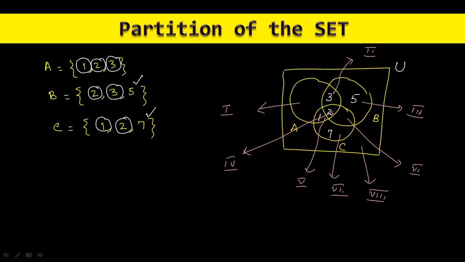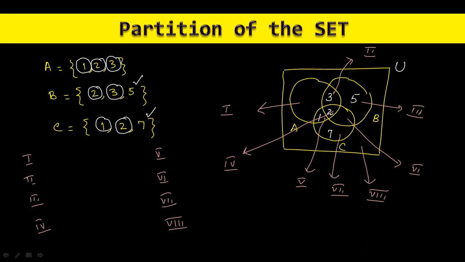Suppose I have to write all the elements. In partition number 1, what are the elements? Partition number 2, partition number 3, then 4, 5, 6, 7 and 8. 8 partitions are there.